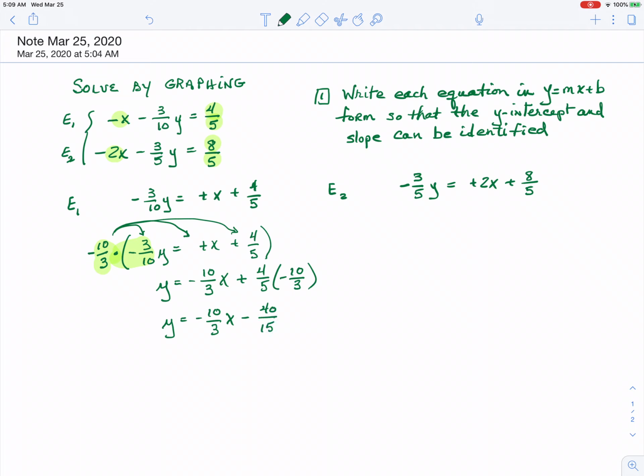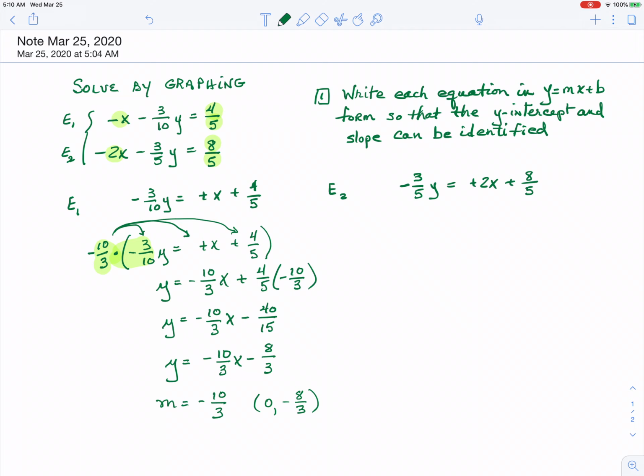Oh, I didn't see that 5. I could have done some cancellation there. So let me go ahead and reduce that down using 5. Okay, so I can see that the y-intercept is at -8/3, and I can see that the slope is -10/3. That's going to be messy to graph, but let's go ahead and continue on.